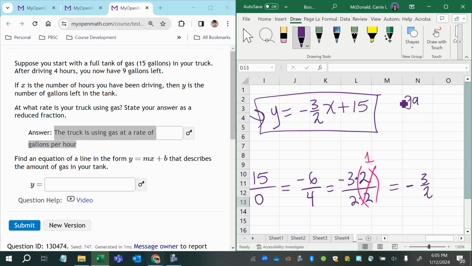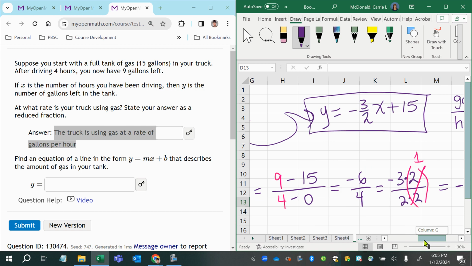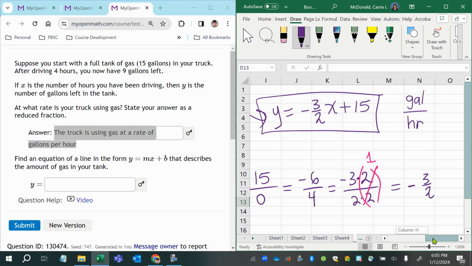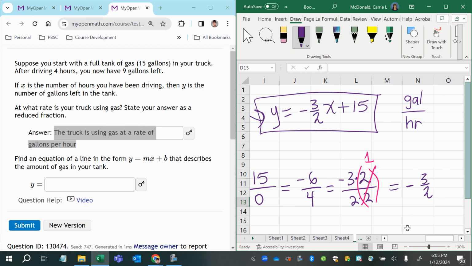Which is exactly what we had when we were doing our slope calculation. We were doing gallons on the top and hours on the bottom. Gallons divided by hours. Gallons per hour. So even though we didn't write it here, we really could have written 3 gallons for every 2 hours.